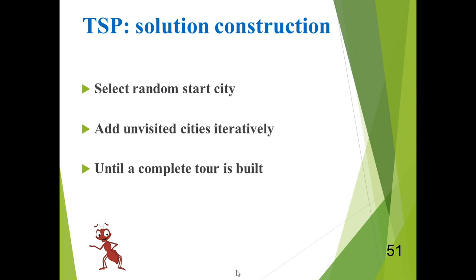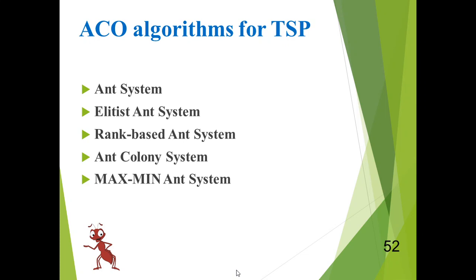Solution construction: again, we select a random start city, add visited cities iteratively until a complete tour is built. ACO algorithms for TSP: Ant System, Elitist Ant System, Rank-Based Ant System, Ant Colony System, Max-Min Ant System.